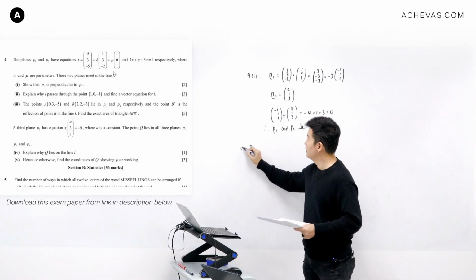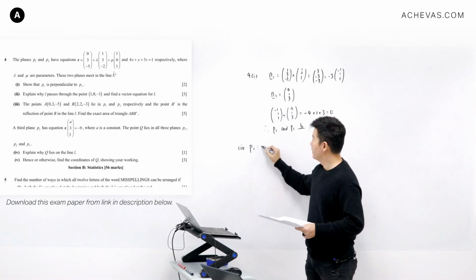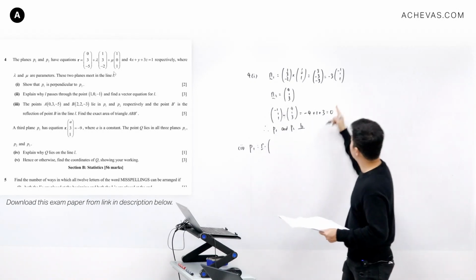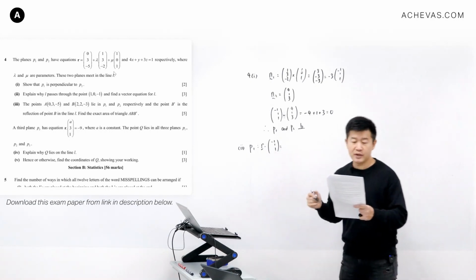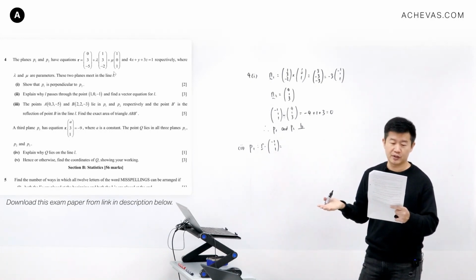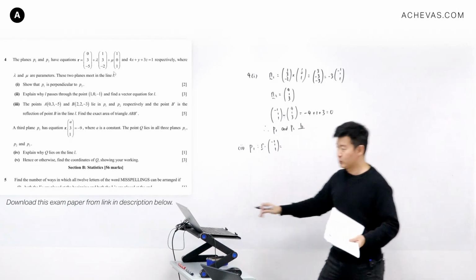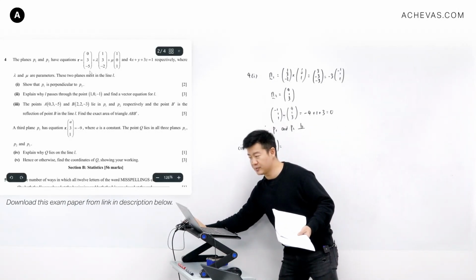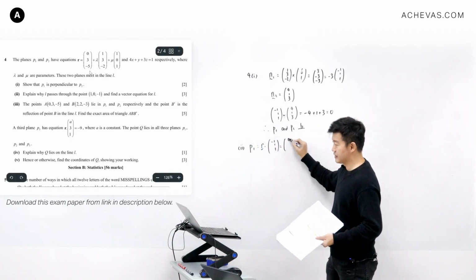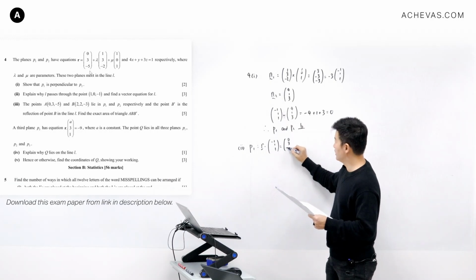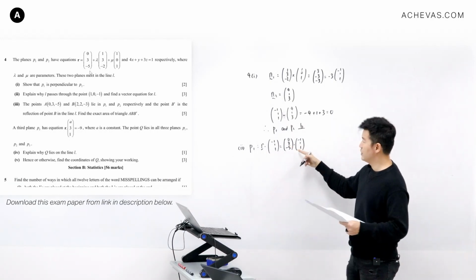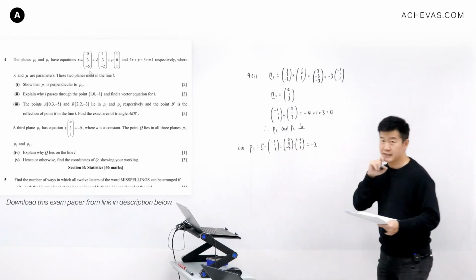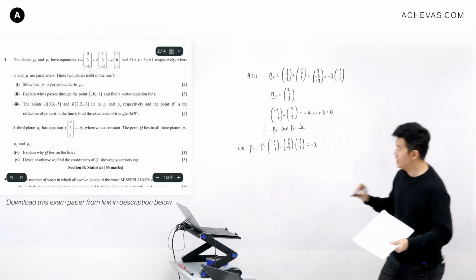For P1, it will be r dot the normal vector which I chose to be minus 1, 1, 1, equal to a point. I'm going to make use of the position vector of a point that is on P1, and from the equation, I'm going to use the position vector of this point here. So it is going to be 0, 3, and minus 5. So this dot minus 1, 1, 1 will give me 3 minus 5. This is minus 2. So this is the dot product version of the plane P1.